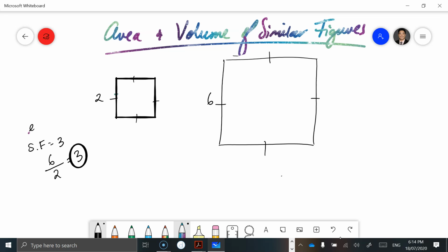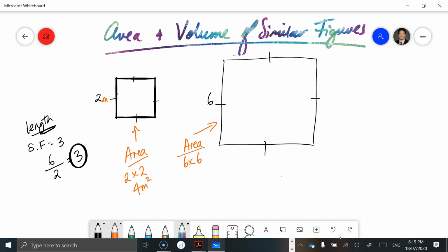I want to emphasize that this is just length. If we move on to area and compare it, area is length times width. So the smaller one is 2 times 2, and the area of the bigger one is going to be 6 times 6. Let's make the unit of measurement meters.